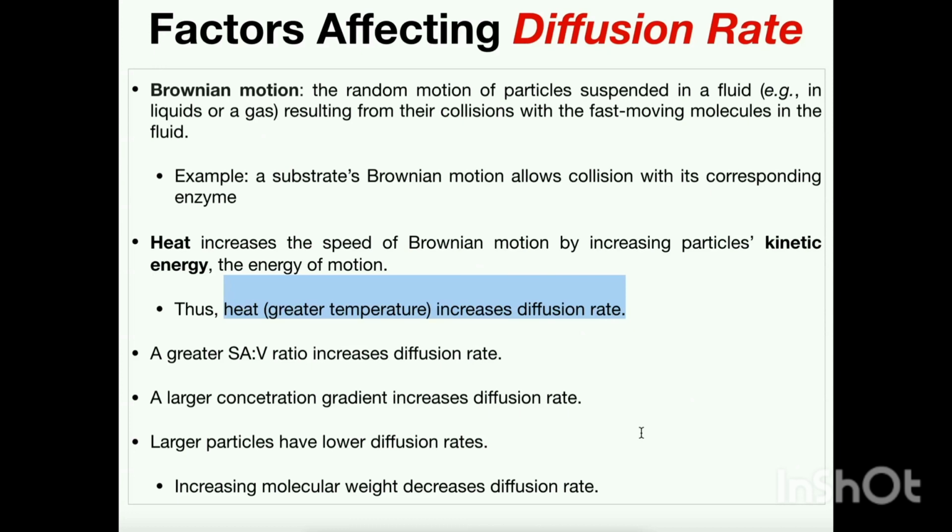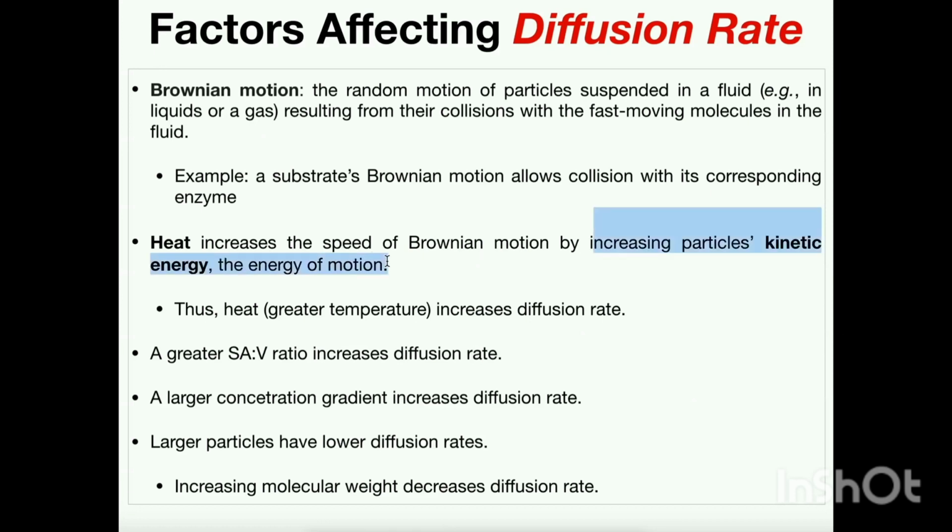So, when particles are moving around in a medium, so this could be ions or glucose molecules floating around in a cell, it could be anything. If the solution had a higher temperature, the rate of diffusion would increase. And this has to do with an increase in the particle's kinetic energy.